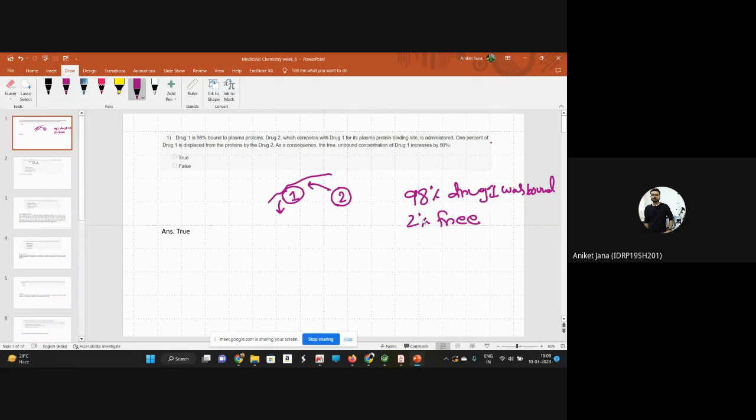So when we add drug 2, the unbound concentration of drug 1 increases. 1% of drug 1 is displaced from the protein by drug 2.